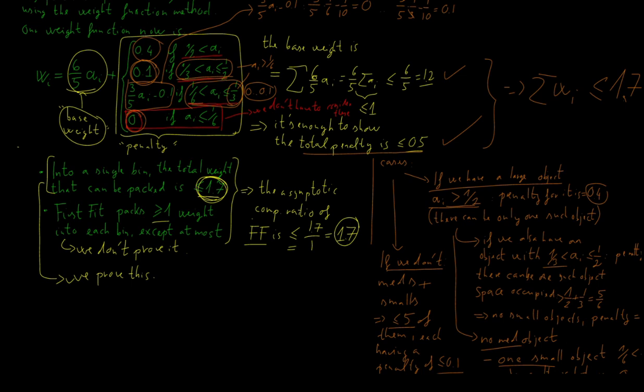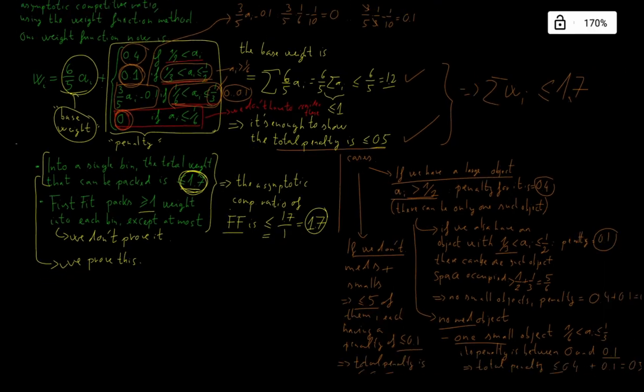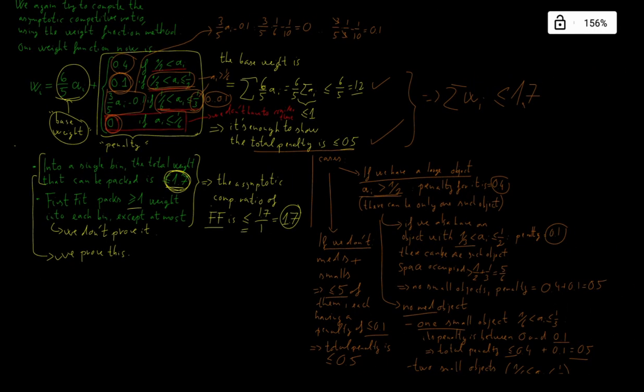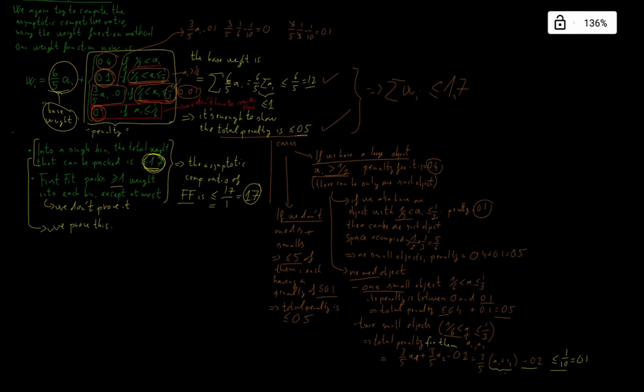But actually proving this is not a part of the online algorithms course curriculum, so you only have to know that the weight function method can be applied to this case as well, similar to the harmonic algorithm's analysis.